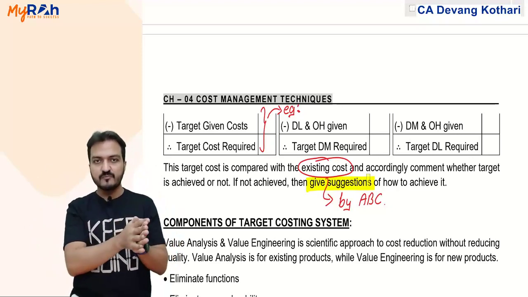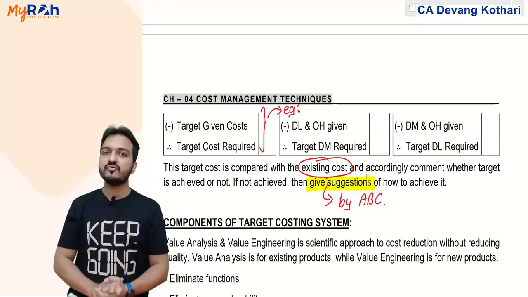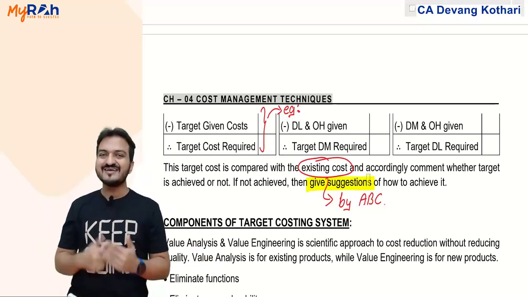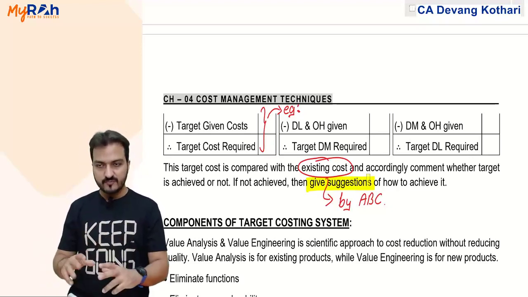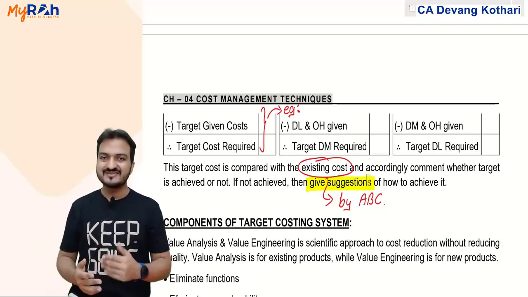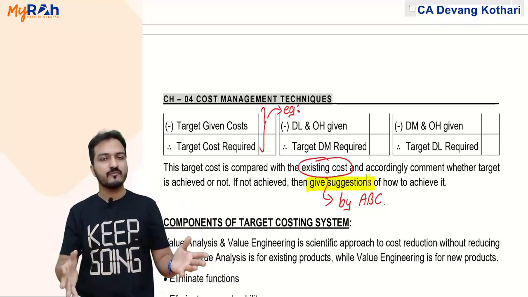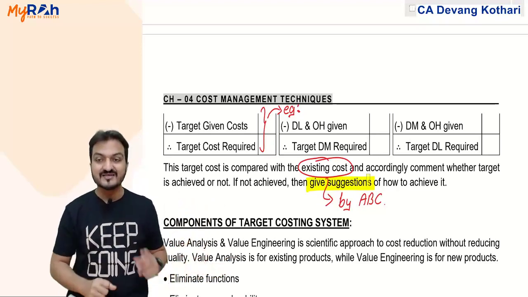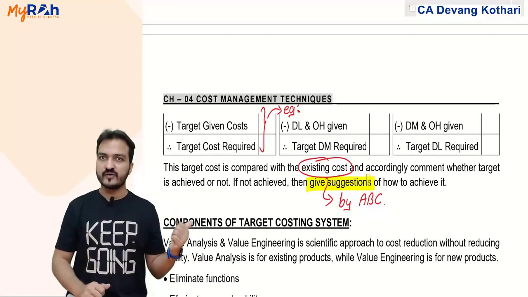If you find that the company has very high material cost, then write your suggestion that you need to reduce material cost. If you see that the company has very high labor cost, then write your suggestion that the company should try to decrease the labor cost. You can suggest that the company should change the machines from manual machines to automatic machines so that labor will decrease, defectives will decrease. All such suggestions you give over here.